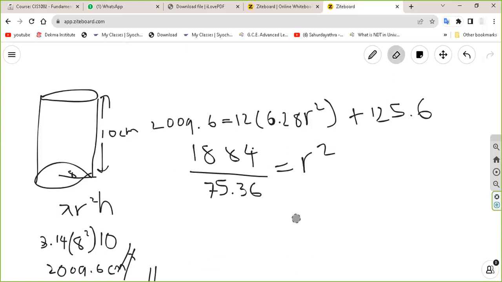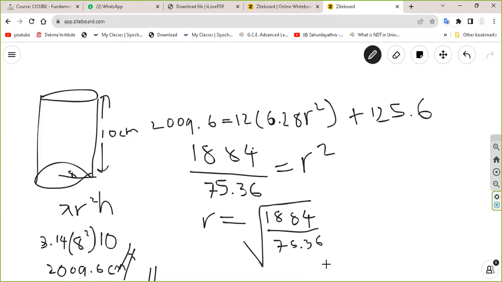It equals... this is the answer. You have to simplify it more.